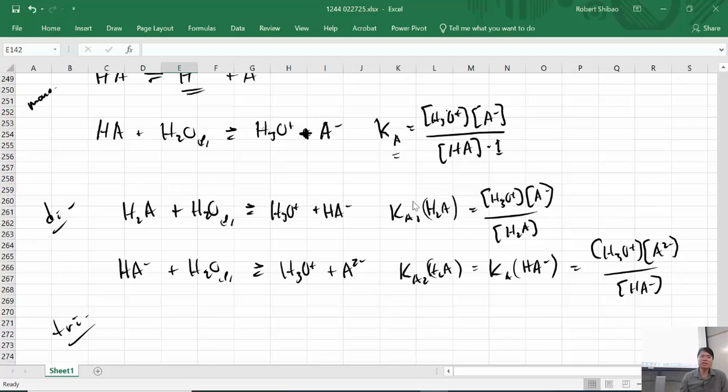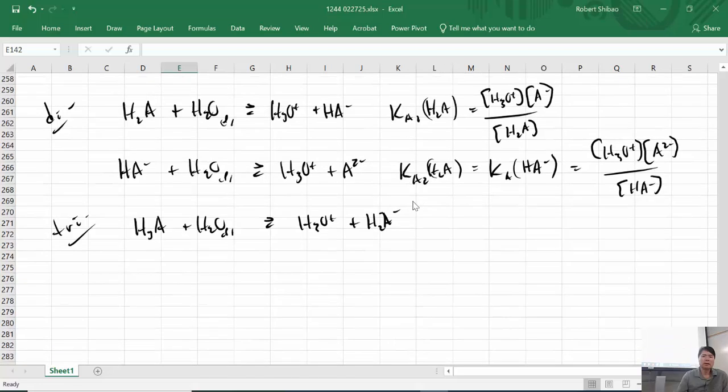For triprotic acids, we'll have a Ka1, Ka2, and a Ka3. So for a triprotic acid, we'll have H3A plus H2O liquid giving us hydronium plus H2A minus. This is Ka1.